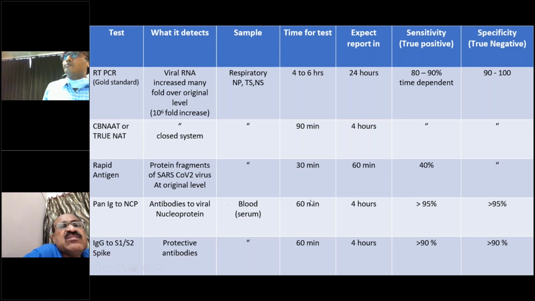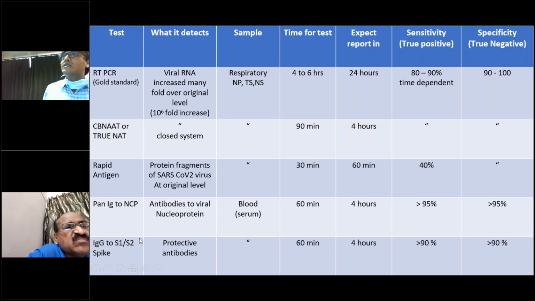And another test which can be done is the total antibody test. These antibody tests are against the nucleoproteins, and can be performed with blood, serum, or plasma. The time required is only 60 minutes, and the reporting time is around 4 hours. The sensitivity and specificity is more than 95%.